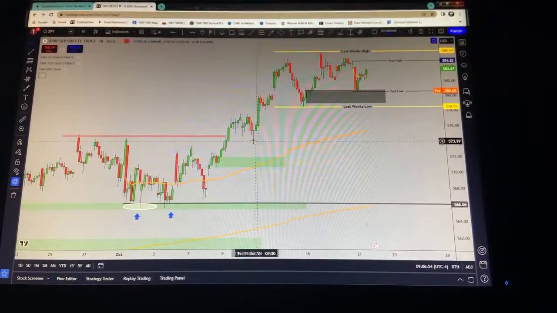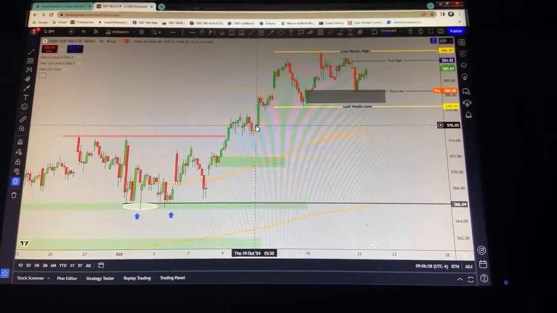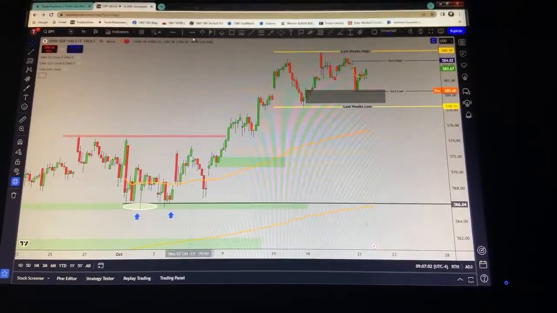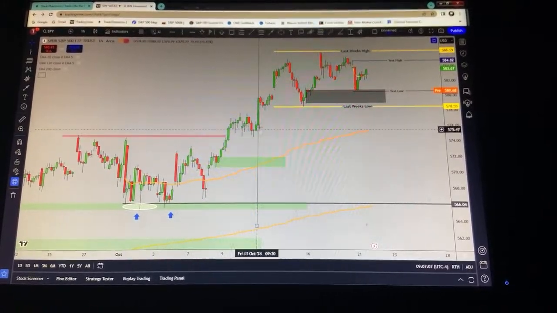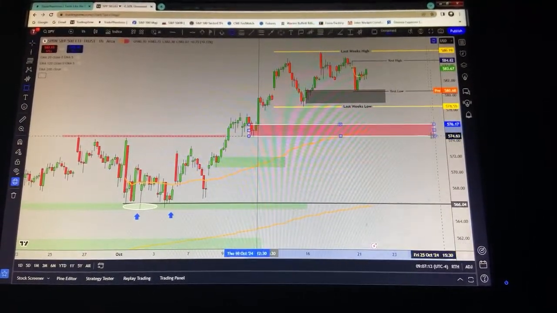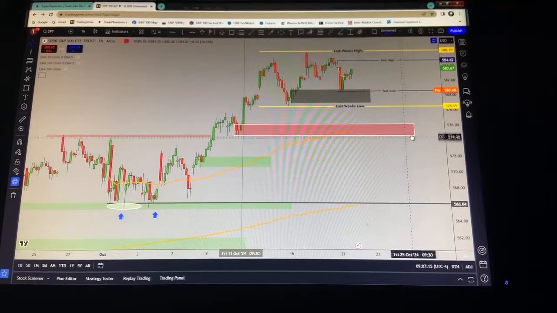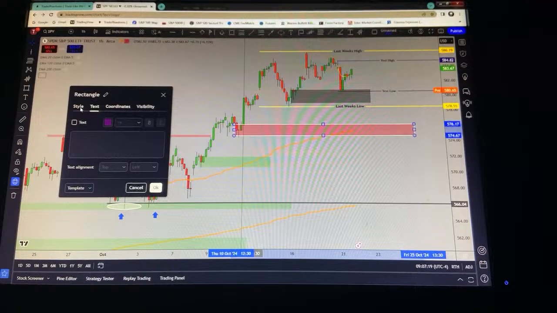October 11th, basically off the open, found you. Right there at 9:30 a.m., give or take. This level right here in SPY is going to be that level on S&P futures.